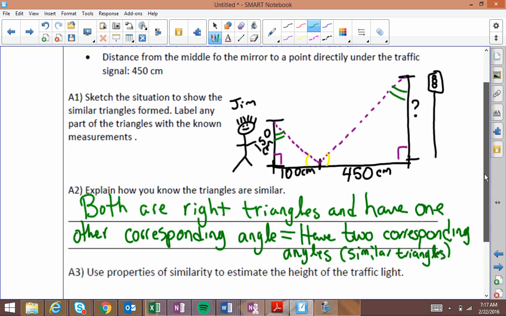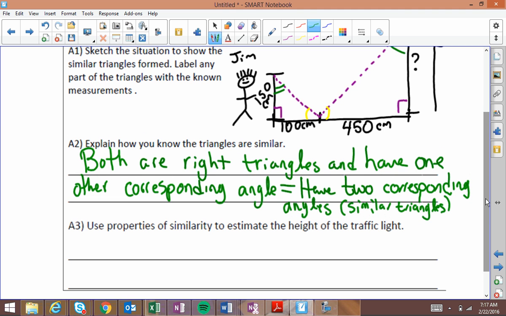Because they are similar, we can use this fact to help us find the height of the traffic light. So I'm missing the height of my traffic light, so I'm going to be looking at the two corresponding sides that I have, which is the distance from the person to the mirror and the mirror to the traffic light. So I'm going to find my scale factor.